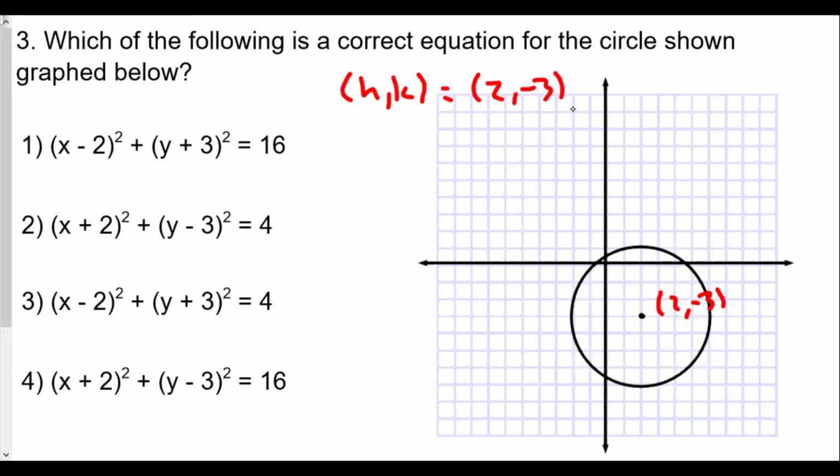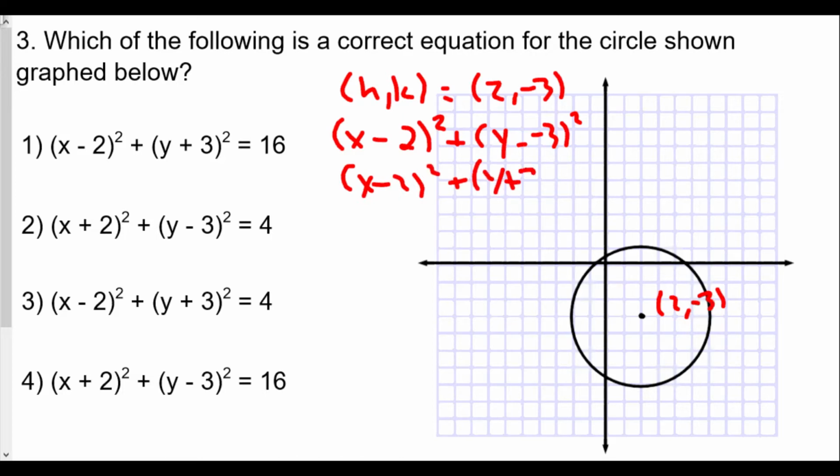And so again, (x − 2)² + (y − (−3))². Sorry about that, it should be parentheses around y. Well, that means it'll be (x − 2)² + (y + 3)² equals our radius squared.